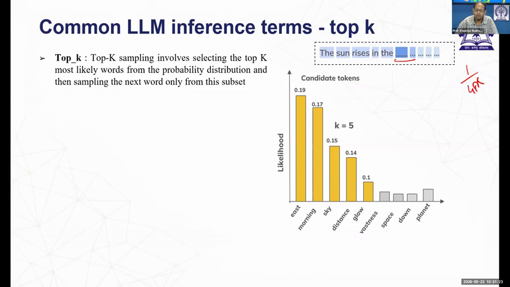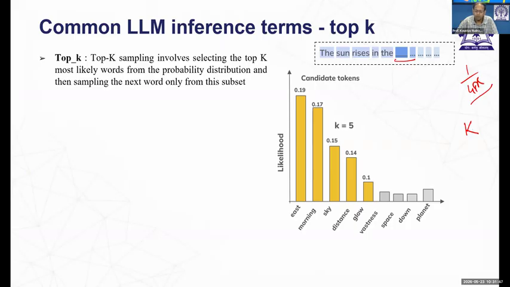But you can understand that based on the context, not all the words are possible or feasible. So how can I make this set very crisp, reducing it from 40k to a particular number? That number is simply k.